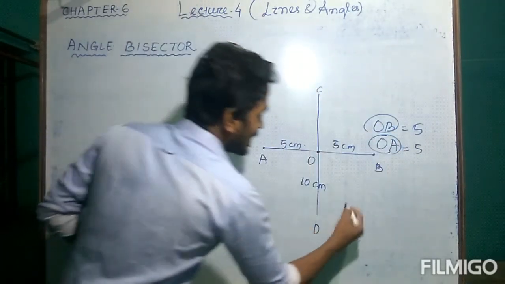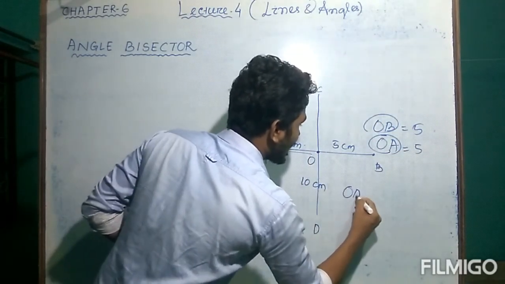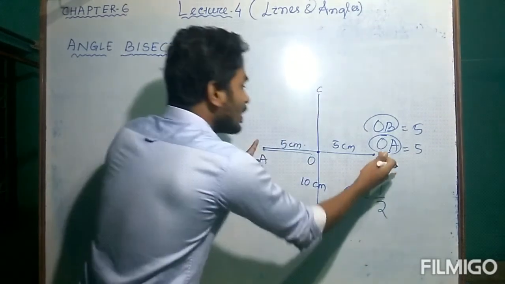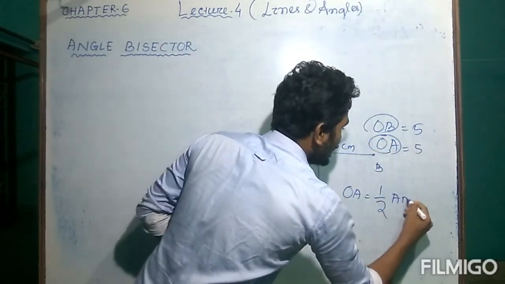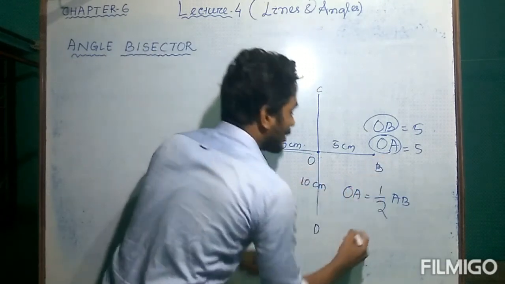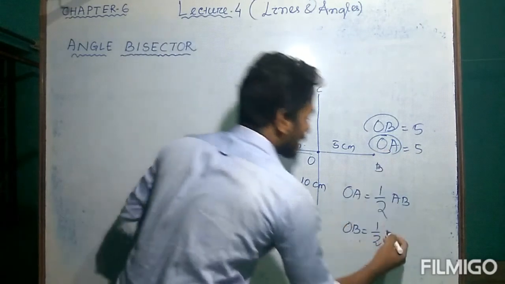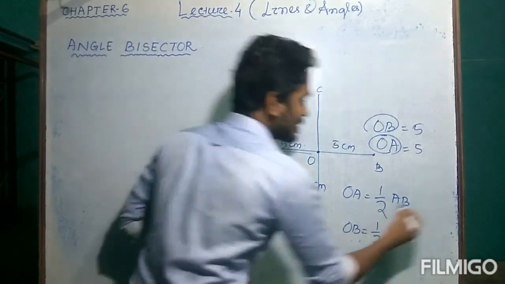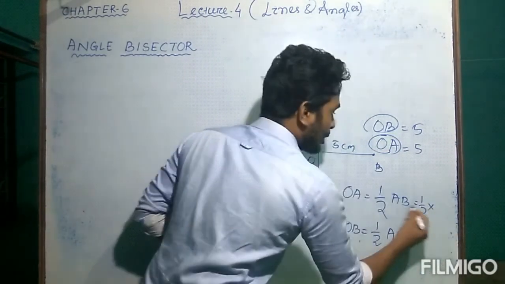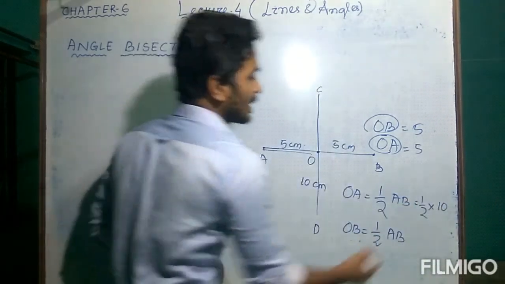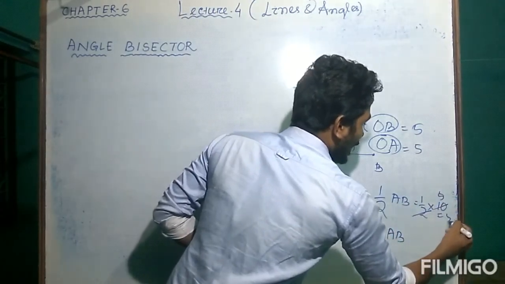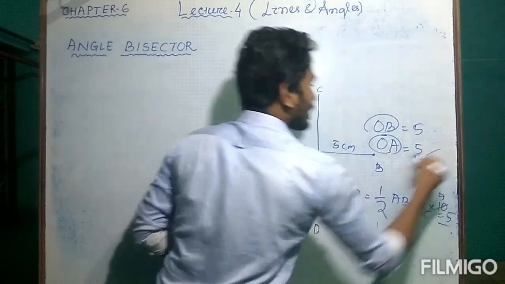So you can write that this half OA is equal to half of the total line segment AB, and this half OB is equal to half of the total line segment AB. Half into AB, that is half into 10 centimeter, is equal to 5. So OA is equal to 5.